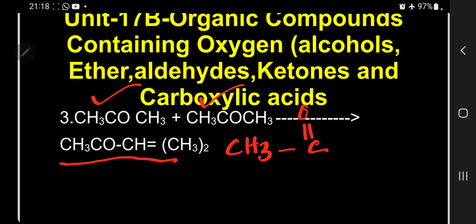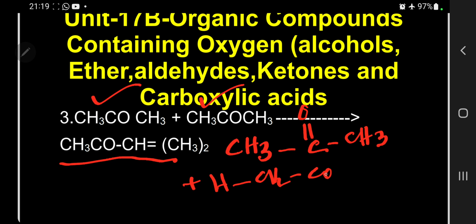C double bond O, CH3. So the second case, H, CH2, CO, CH3. So what will happen is this: automatically, CO minus, this H is going out.